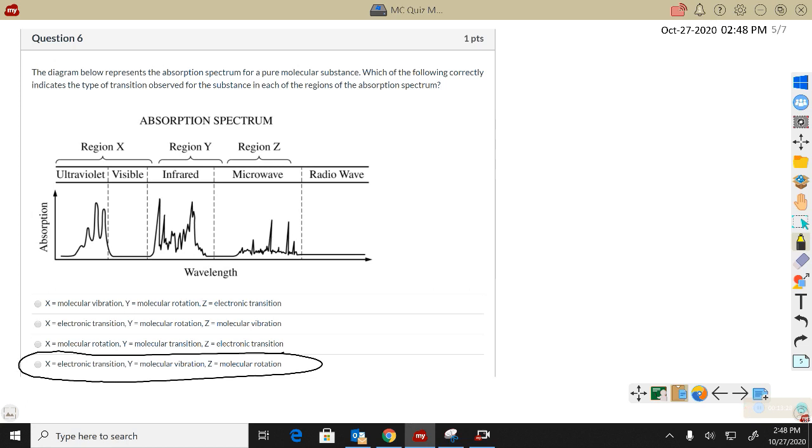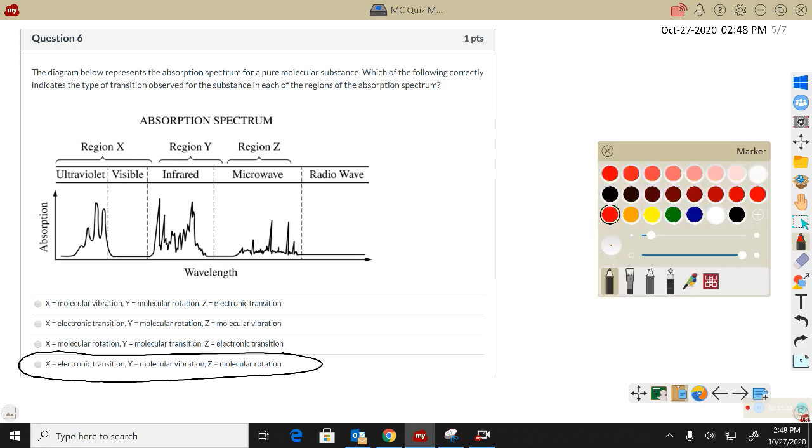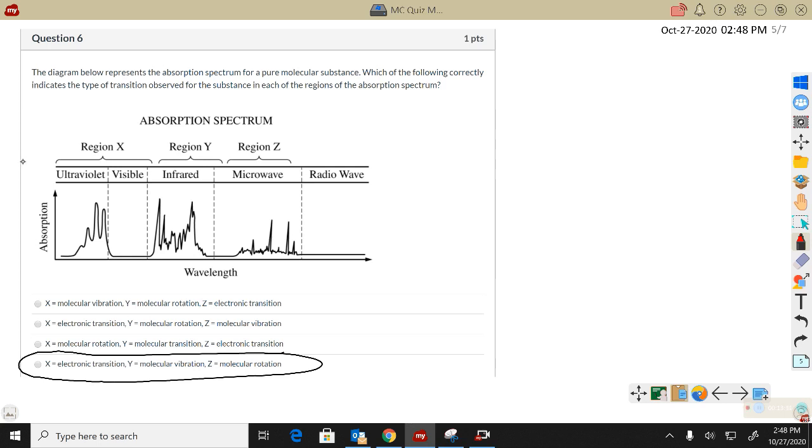In a nutshell, here's the deal. This region, ultraviolet and visible light, of the different types of radiation shown here, this is high energy. And then down on the other end of the spectrum, my microwaves, radio waves, these are low energy.